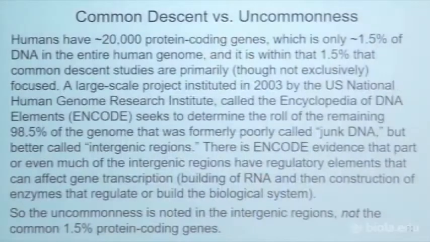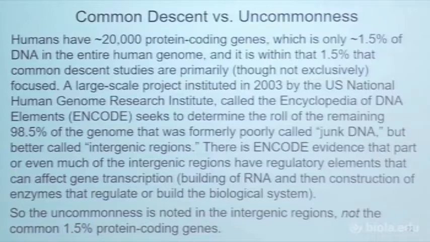So humans have 20,000 protein coding genes, which is only about 1.5% of the DNA. So only about 1.5% of our DNA is the DNA that really codes for the construction of our body. And it's within that 1.5% that common descent studies are primarily, though not exclusively, focused.